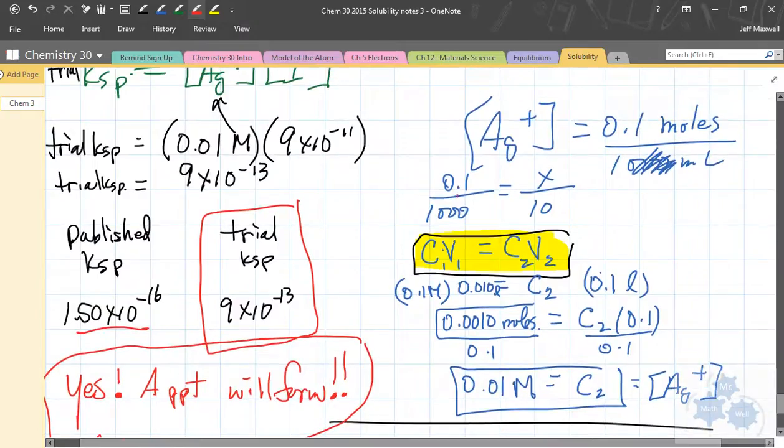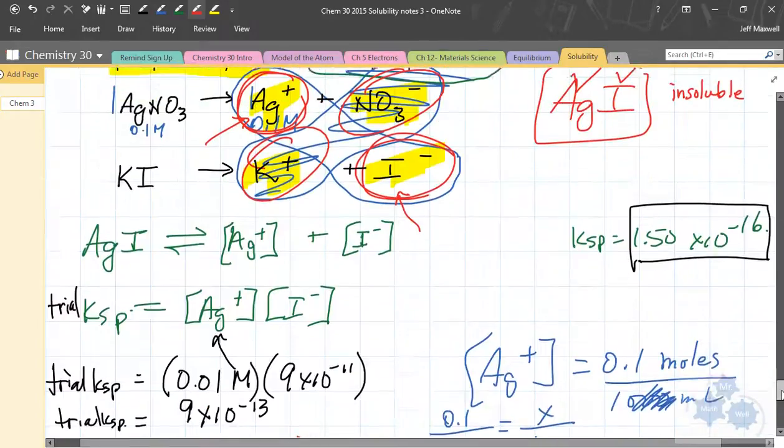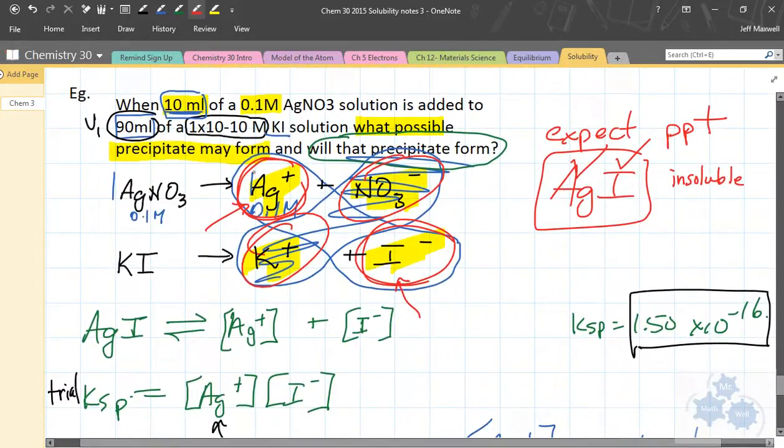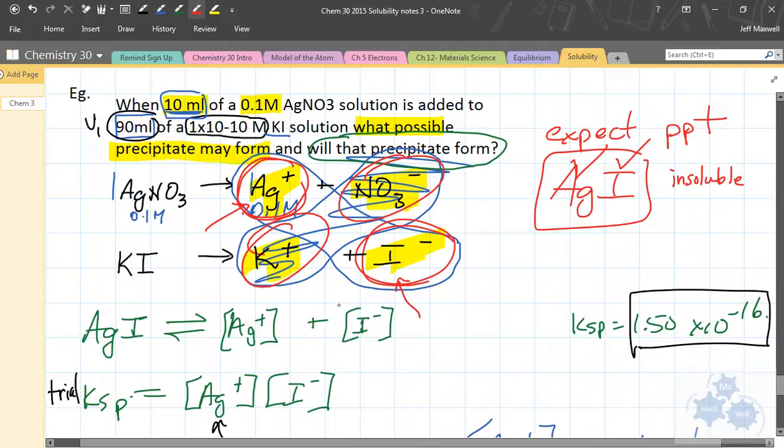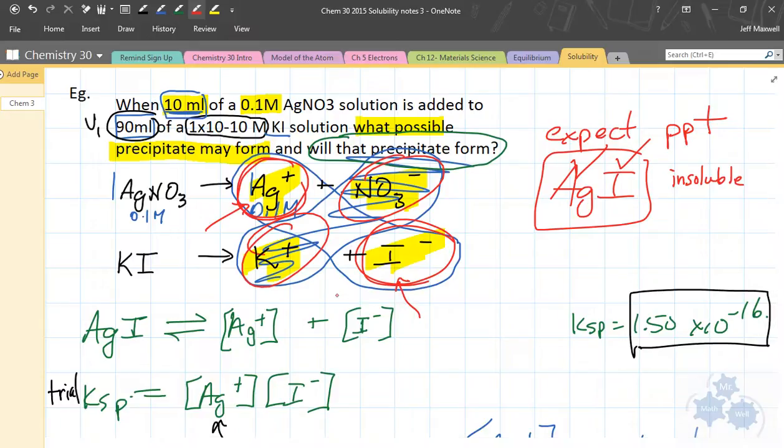Okay. So, looking back here, again, I'm just going to review this real quickly. A, you have to figure out what ions you have in solution. B, you have to figure out if there's any combination of those ions that would make an insoluble compound, and that's your prediction. Say, yep, I think this might form.